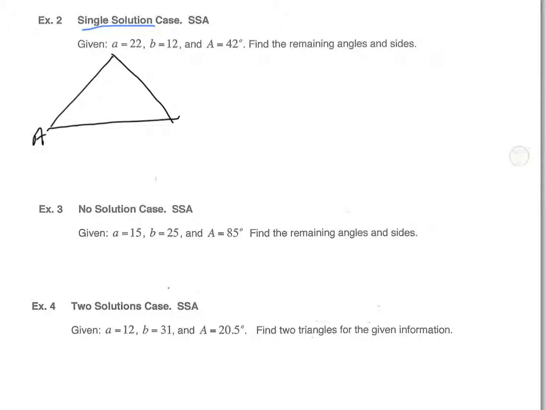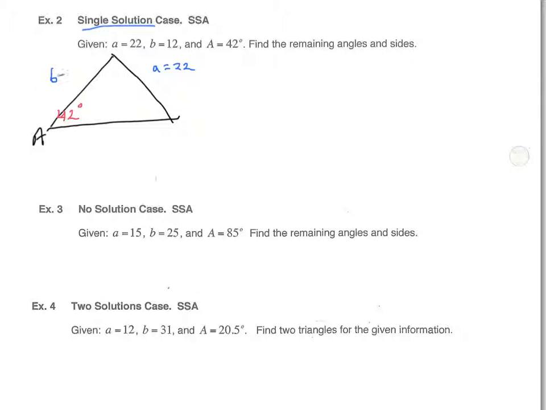So I've got my side opposite A is 22. The angle measure that they gave me was 42 degrees. And my writing gets successively worse when I have the stylus in my hand. Sorry. And then I like to put the second side that they give you, that's not associated with your angle, adjacent to it.